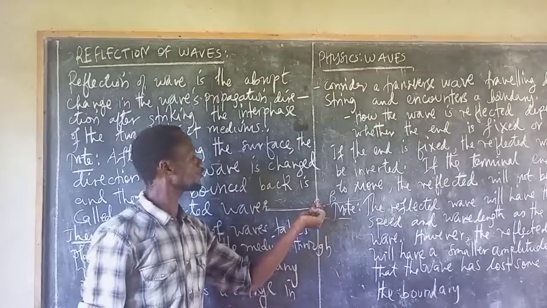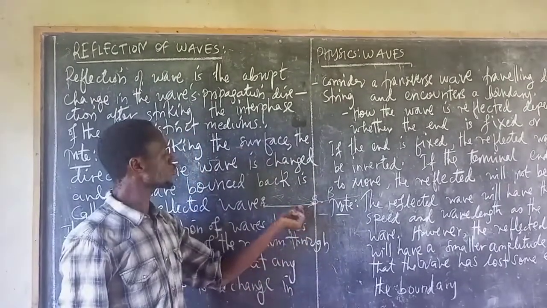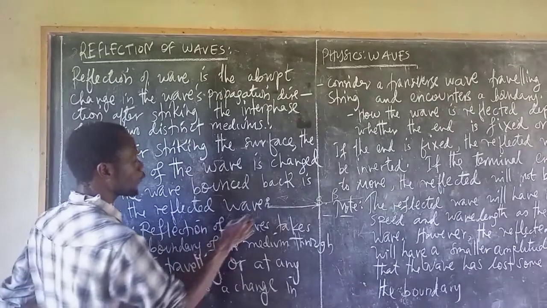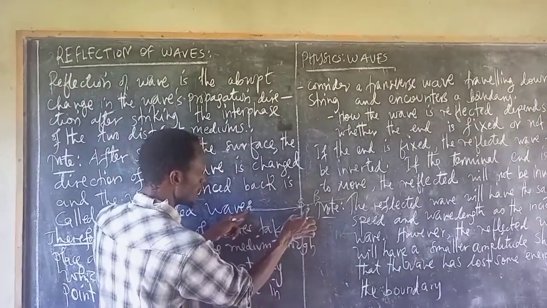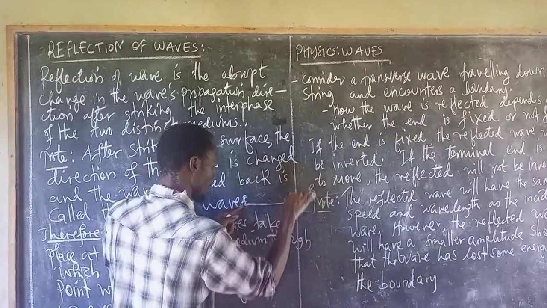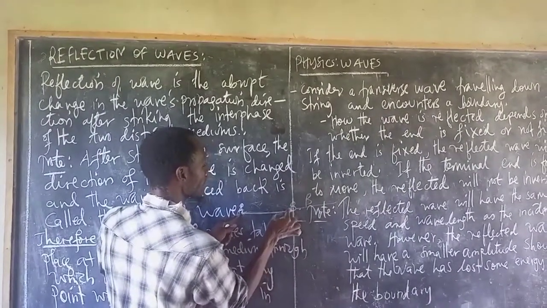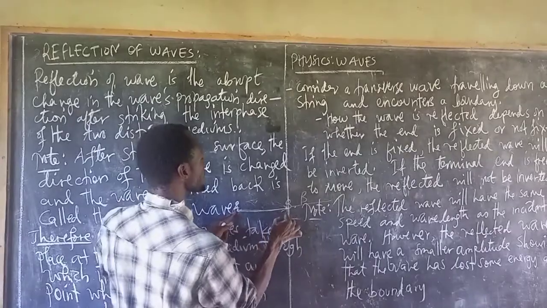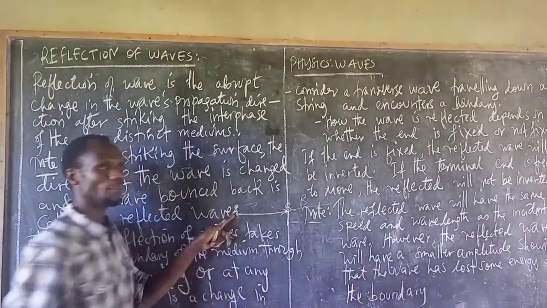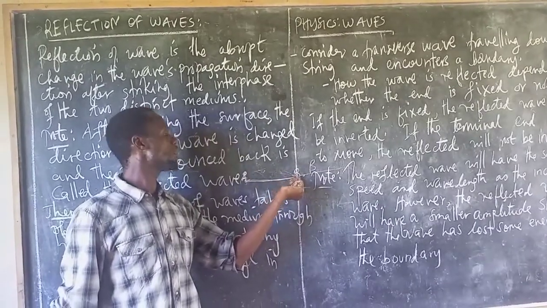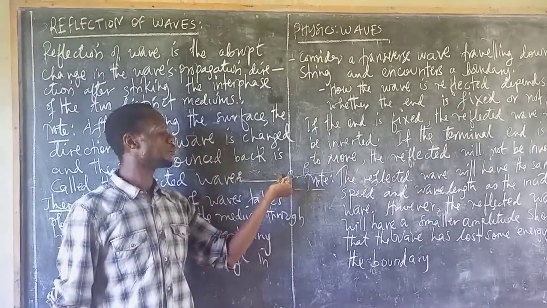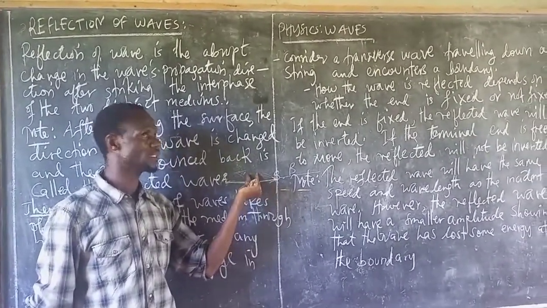Due to the change of medium, when the wave was traveling from point A to point B and strikes the boundary, some of the energy will be transmitted to the new medium and some of the energy will bounce back to form what we call the reflected wave.